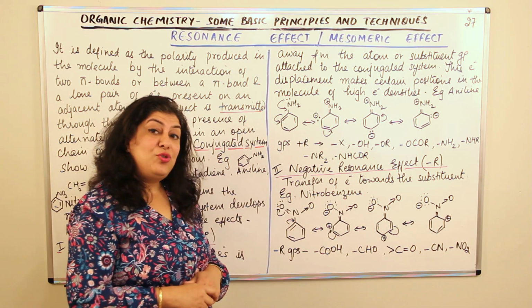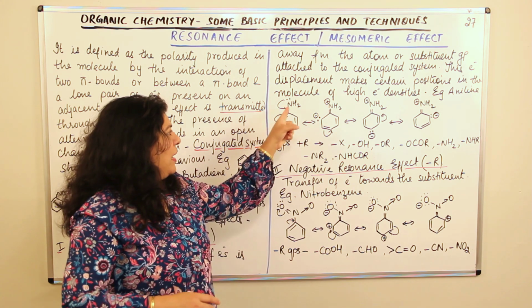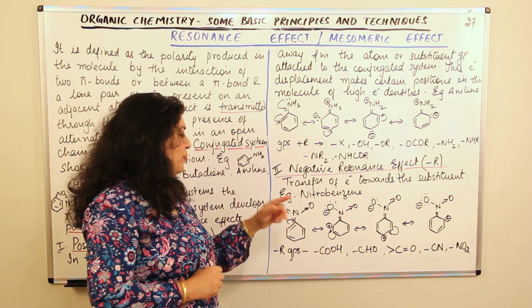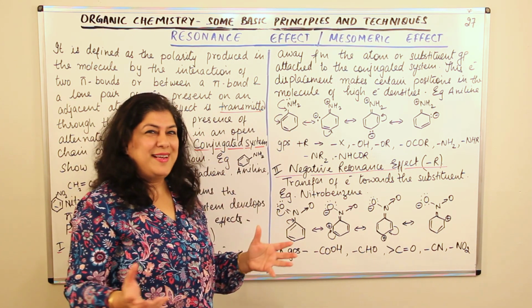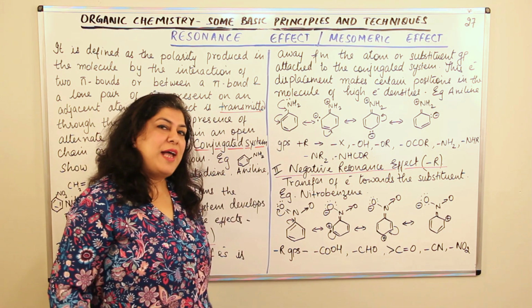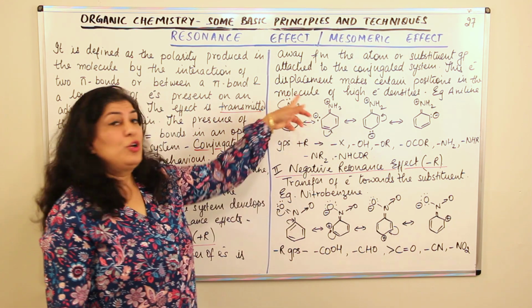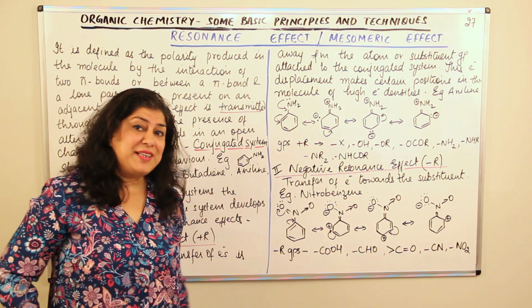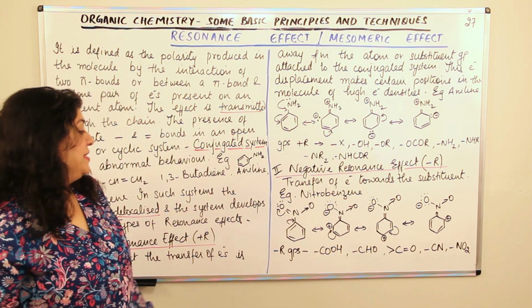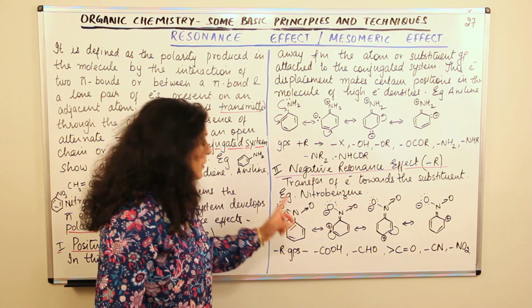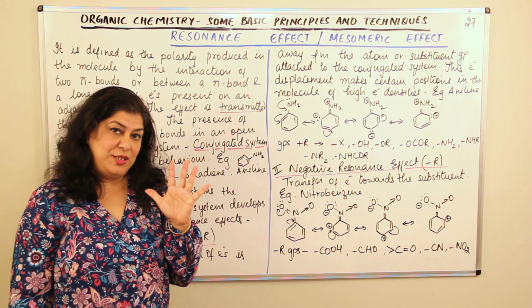For example, nitrobenzene. Now you would say, amine also has nitrogen and nitrobenzene also has nitrogen. It doesn't make sense. And she just said that nitrogen has a lone pair of electrons here. So why is nitro also not showing plus R effect? The reason here is that nitrogen, take a look here, has 5 electrons in its outermost shell.